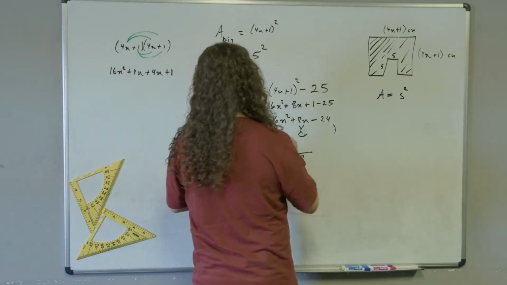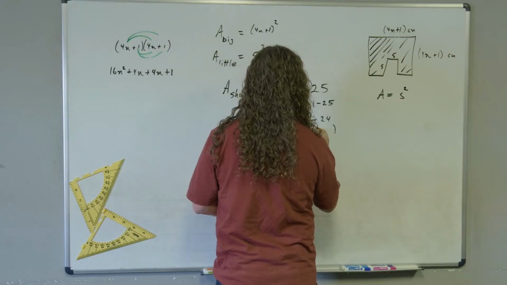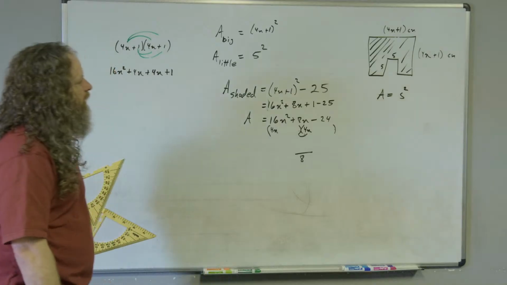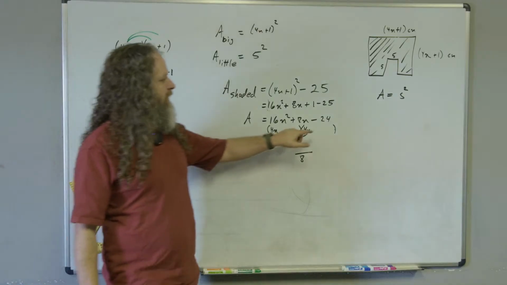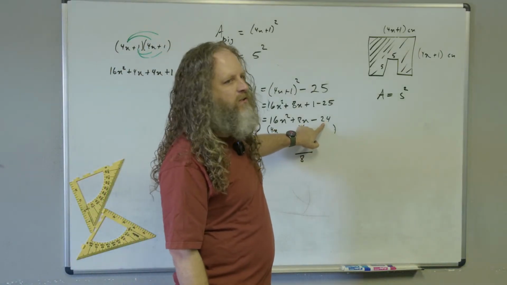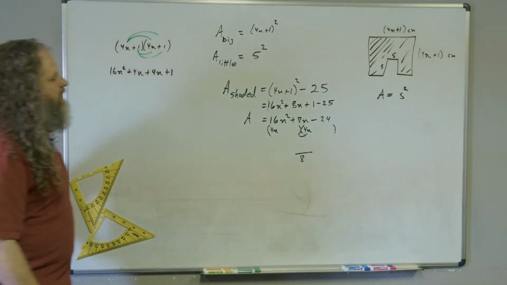Okay, let's try 4 and 4. 4n times 4n equals 16n squared. Okay, now what do we want to try? 2 and 3. Well, 2 times 3 isn't 24, because remember that's how we decide. It's what factors of 24, right? 4 and 6.